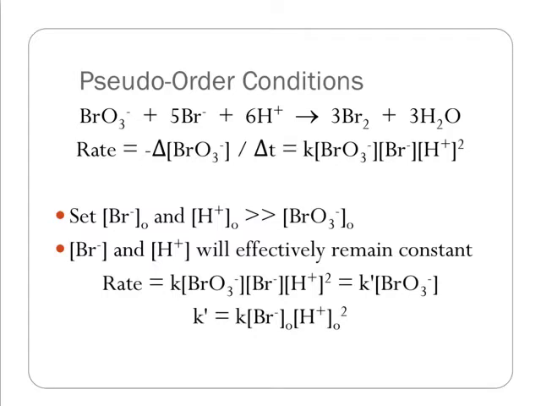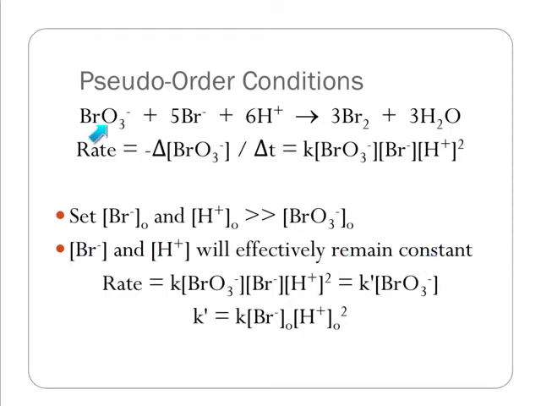I'm going to take my bromide initial concentration and my H+ initial concentration, and I'm going to make them much larger than the bromate's initial concentration. What is that effectively going to do? Well, as the reaction proceeds, it's going to make the bromide and the H+ behave as if they're constants.